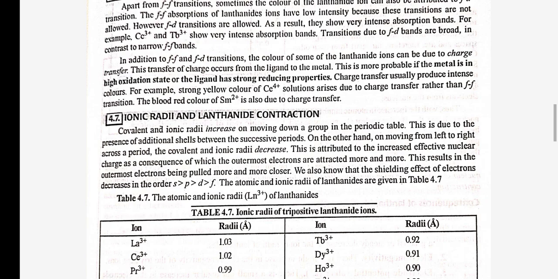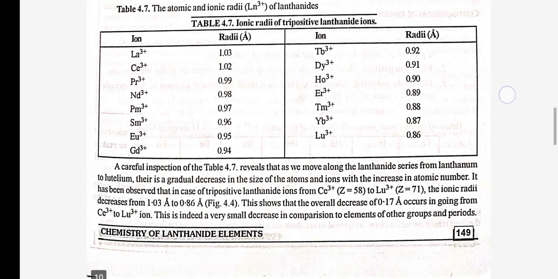The atomic and ionic radii of the lanthanoids are given here. A careful inspection reveals that as we move along the lanthanide series from lanthanum to lutetium, there is a gradual decrease in the size of the atoms and ions with the increase in atomic number.